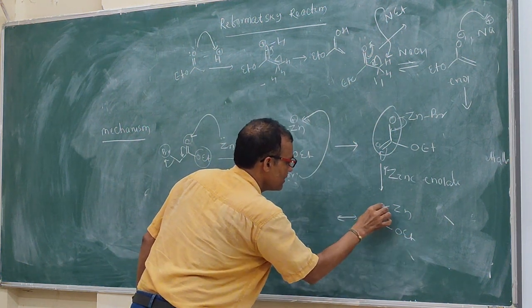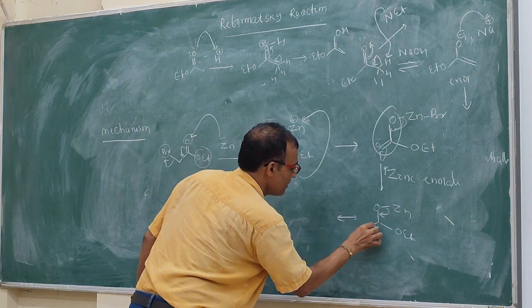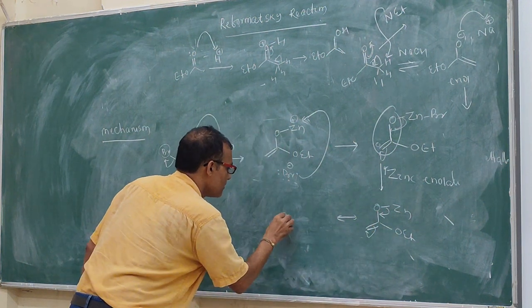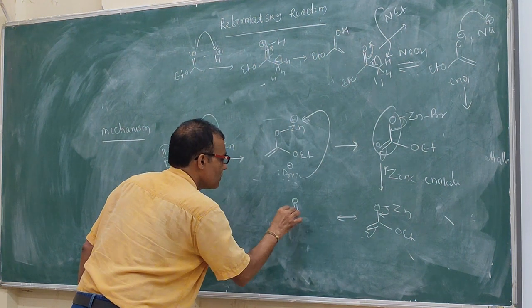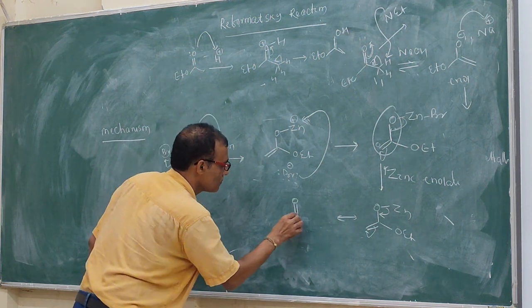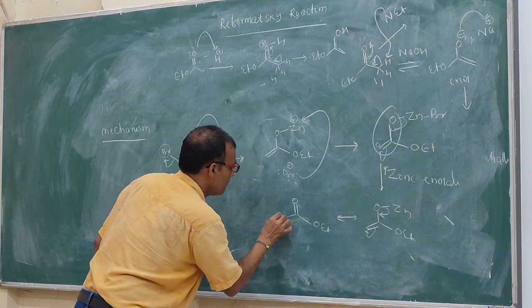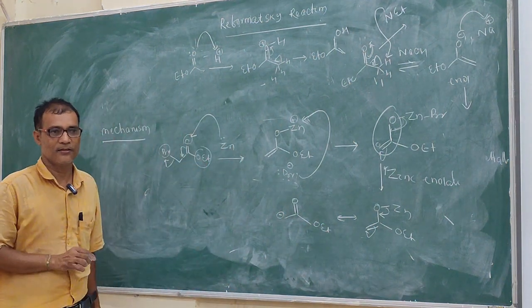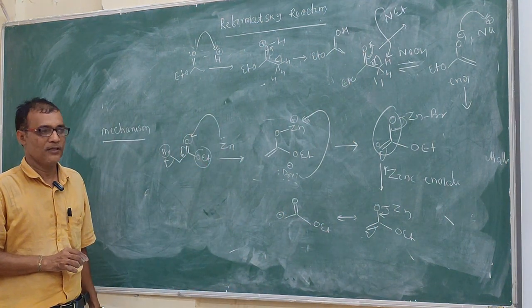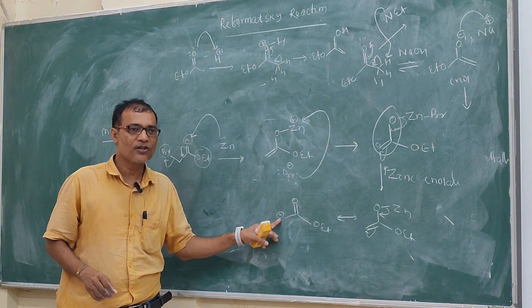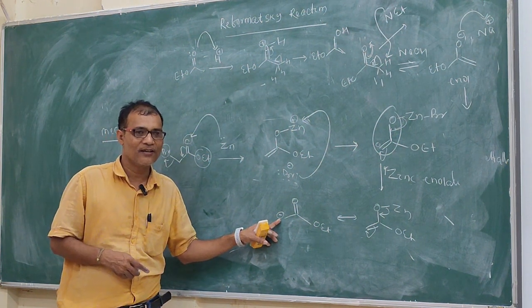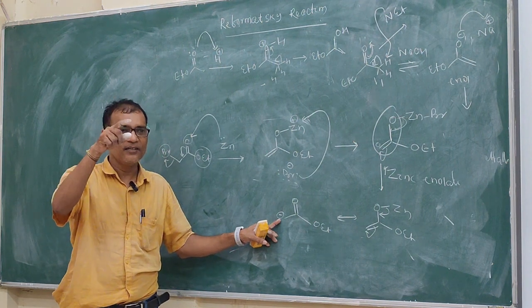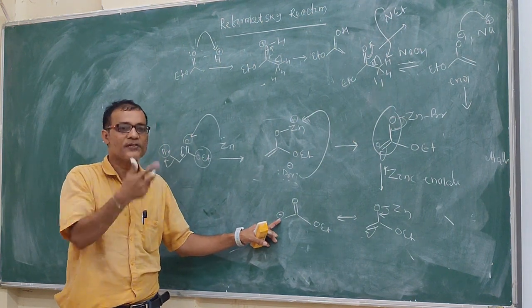So this one you can write, you just do this way. So this will be here. Then you will have O, OEt minus. Am I correct? That means this center is negative, so will it be a good nucleophile or electrophile? Nucleophile. It will ask for positive charge.